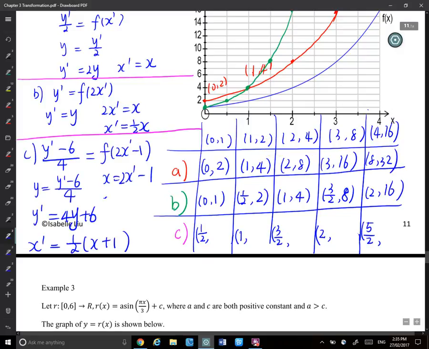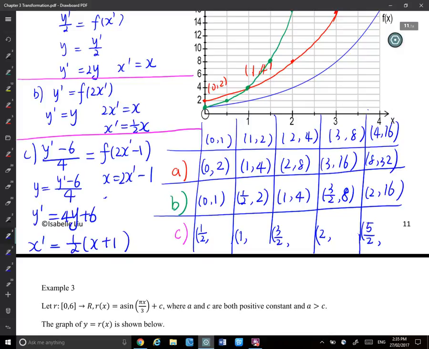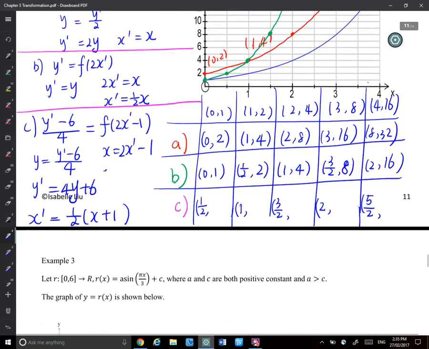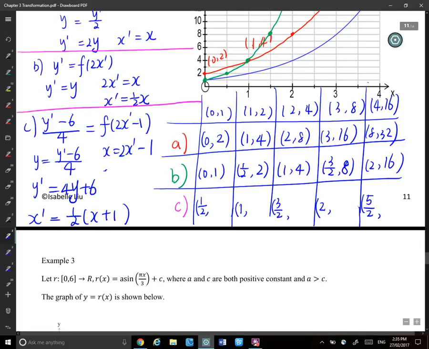And for the y value, it's 4y plus 6. Okay, it's 4y plus 6. So the first one is 1, 4 plus 6 is 10. The next one is 2, 8, 8 plus 6 is 14.